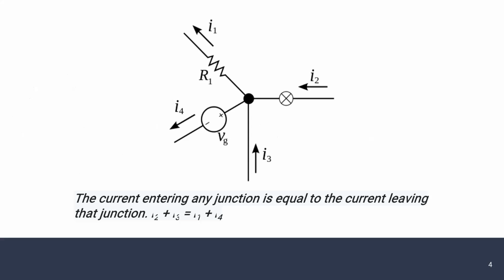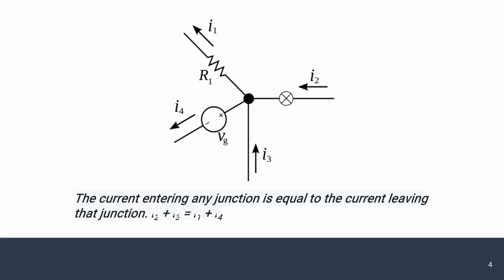Let us consider I1, I2, I3, I4. I2 and I3 are coming to the junction and I1 and I4 are leaving the junction, where I1 plus I4 is equal to I2 plus I3.